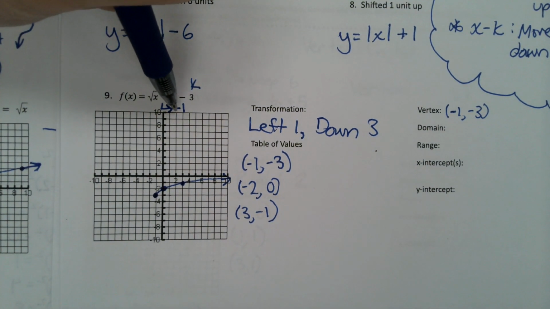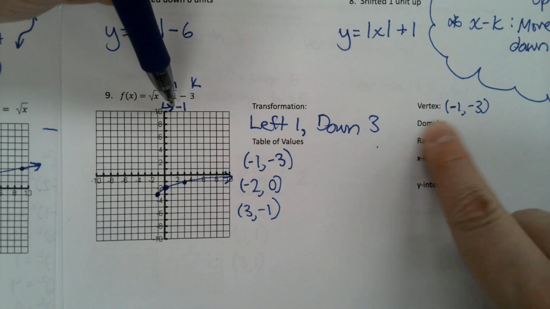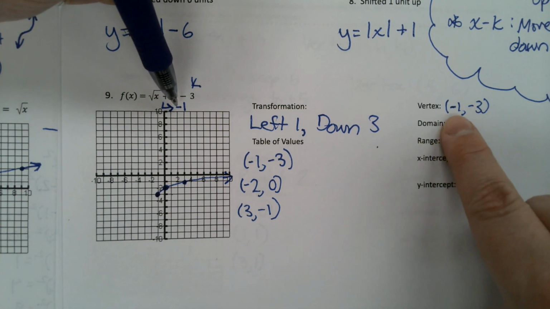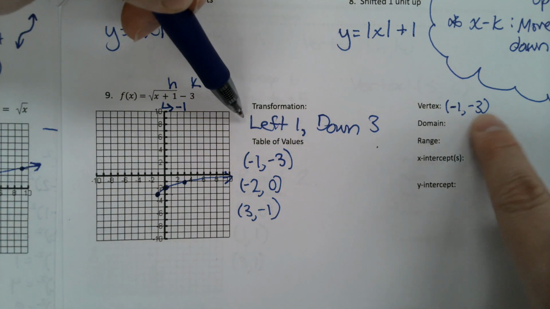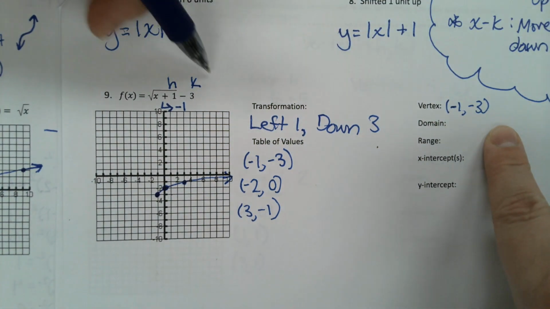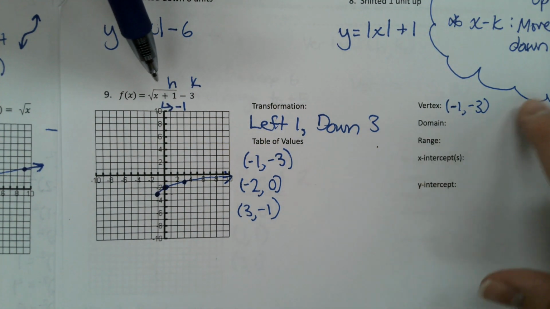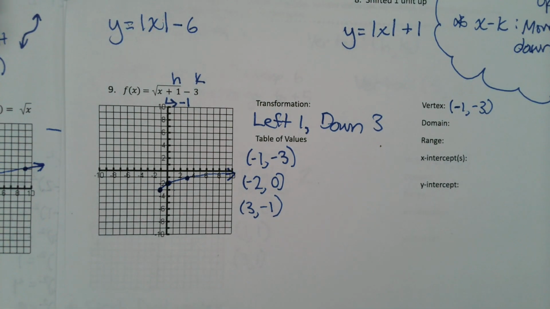We change this plus to a minus, so it moves to the left 1 and then down 3. On top of that, the directions are in the vertex. The vertex is -1, -3. So this -1 means left 1, this -3 means down 3, because that's x and y. It's also h and k for these purposes, but on a coordinate plane, this is the x, this is the y. Hopefully you already knew that.